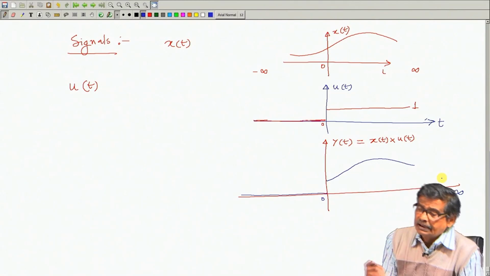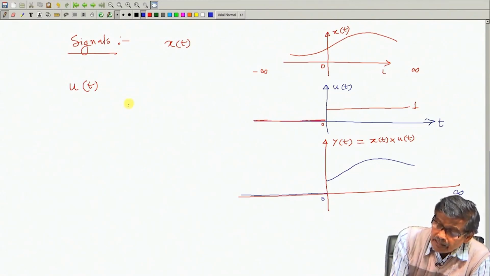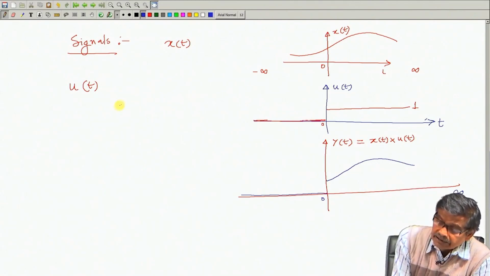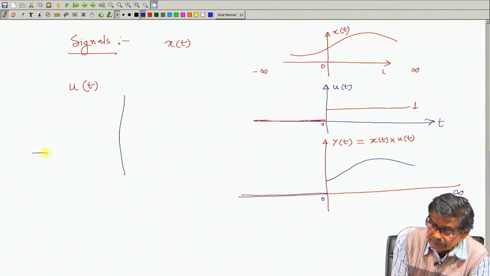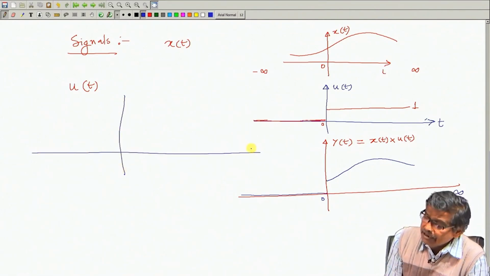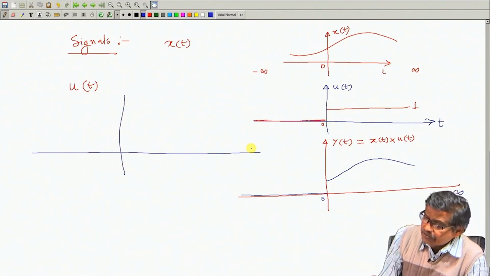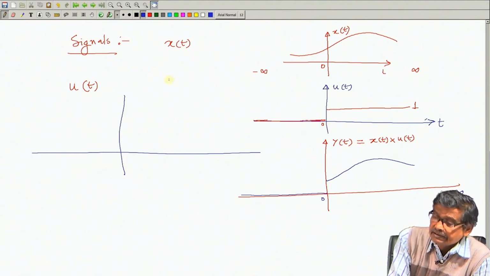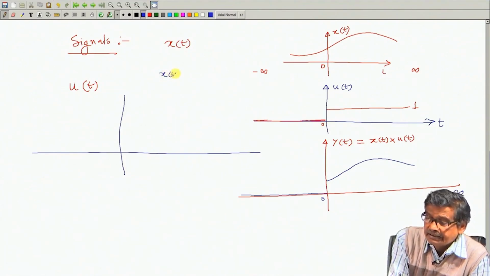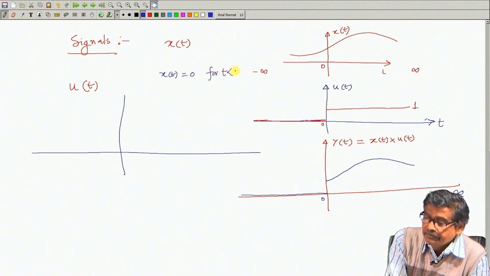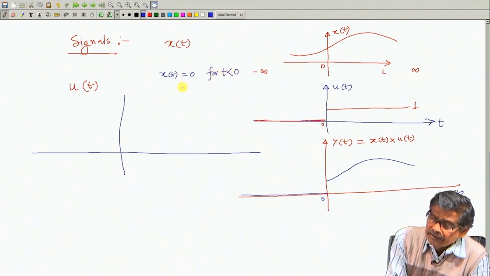Similarly, you recall that if you have an x(t) like this, we will be dealing with functions now which exist for t greater than 0, that is, x(t) I will say is equal to 0 for t less than 0 and x(t) is equal to x(t) for t greater than 0.